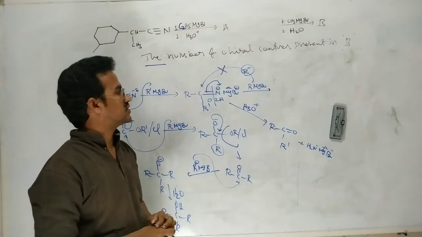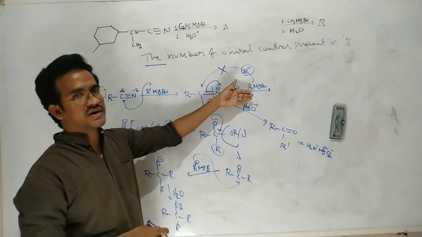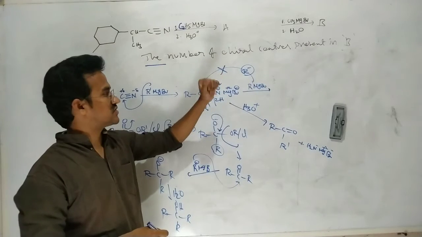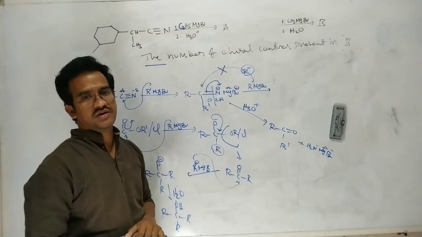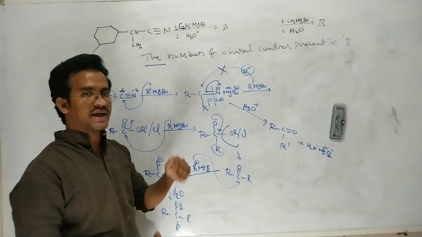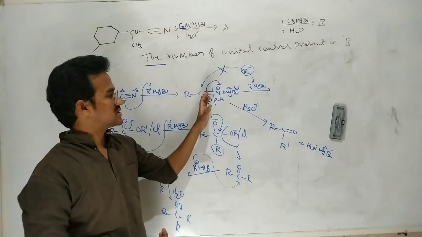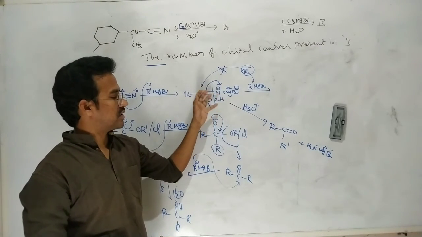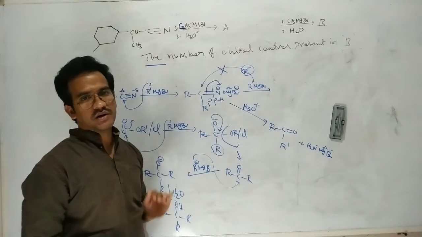That's why a second mole of the Grignard reagent is not possible and it must be hydrolyzed. So the carbonyl compound is obtained.